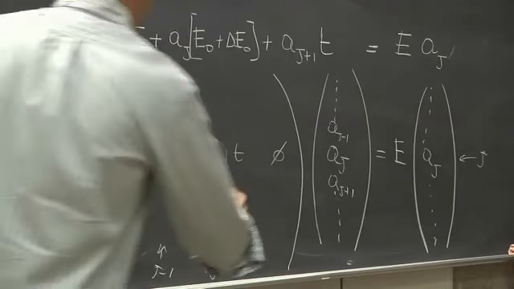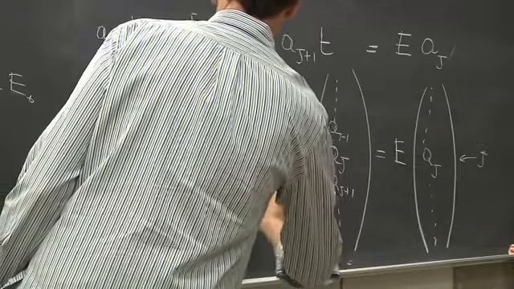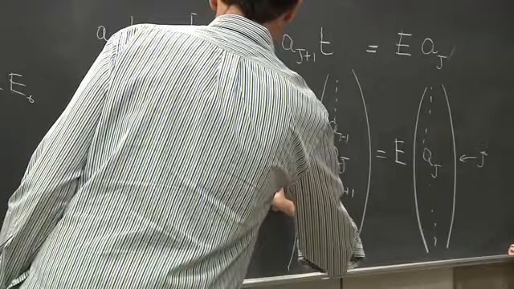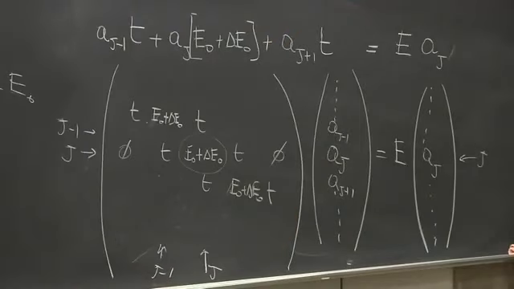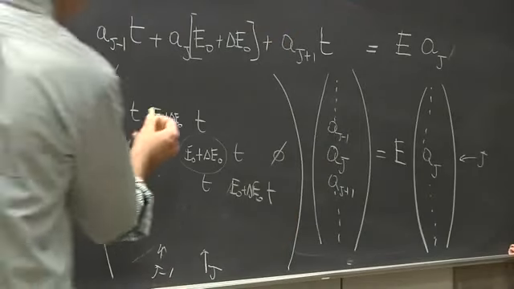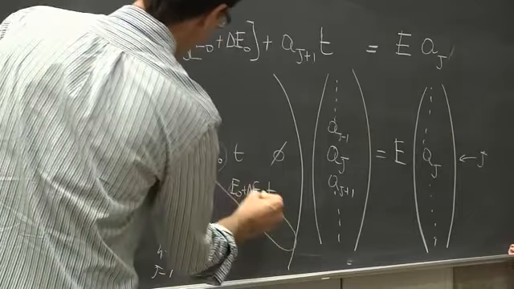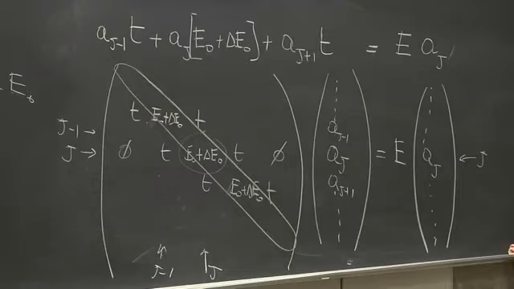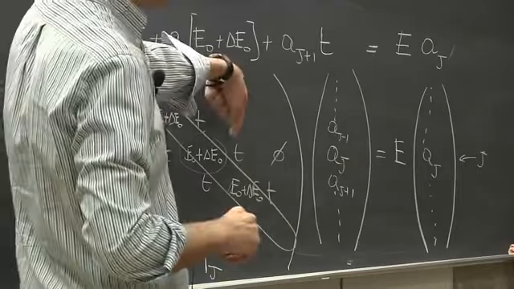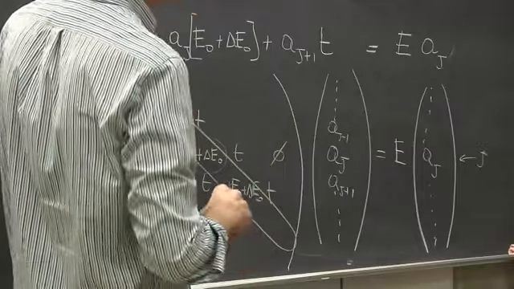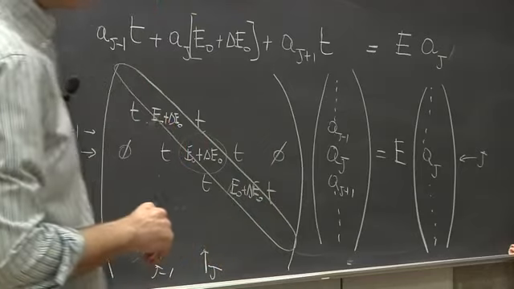And obviously I can continue here: E0 plus delta E0, t, and so on and so forth. In other terms, along the diagonal, I will have E0 plus delta E0, and one position out of the diagonal, everywhere, I will have t above and t below.